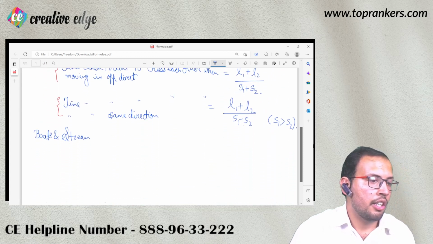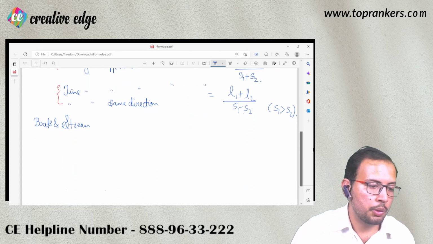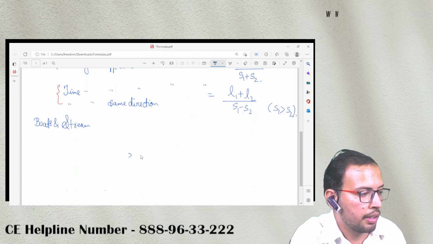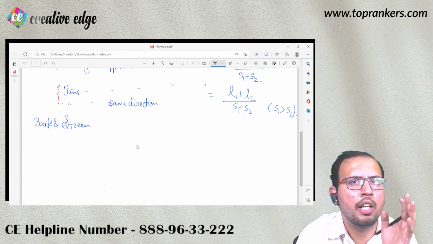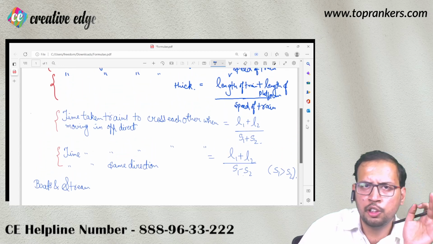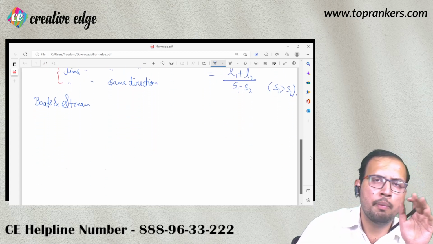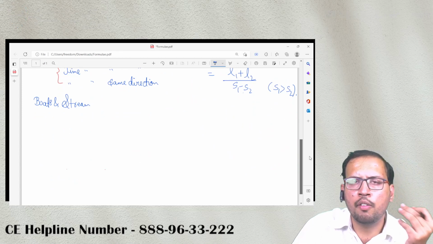Now we are going to specifically talk about boats and streams. So boats and stream की अगर आप बात करते हैं, so again you may feel like it is somewhat related to relative speed. What was relative speed? That S1 plus S2 and S1 minus S2 thing was relative speed. This time it is somewhat similar, somewhat different from the relative speed.